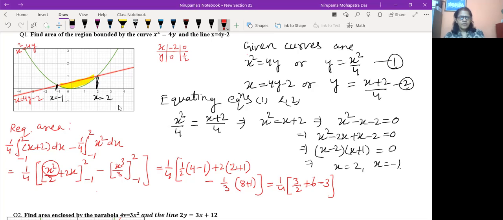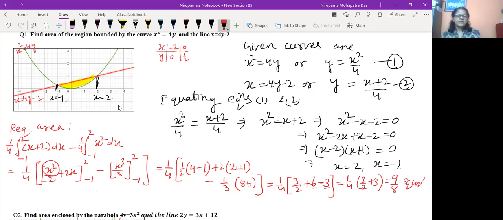Then plus 2 into, this is 2 plus 1, right? Now minus of 1 by 3 of 8 plus 1. So you are getting 6 minus 3, 3. So 1 by 4 of 3 by 2 plus 3. That means you are getting 9 by 8 square units.